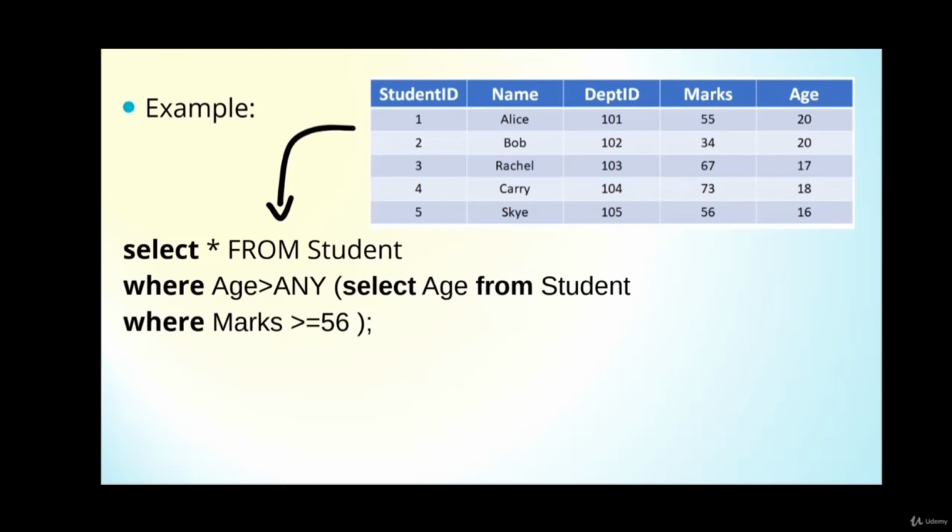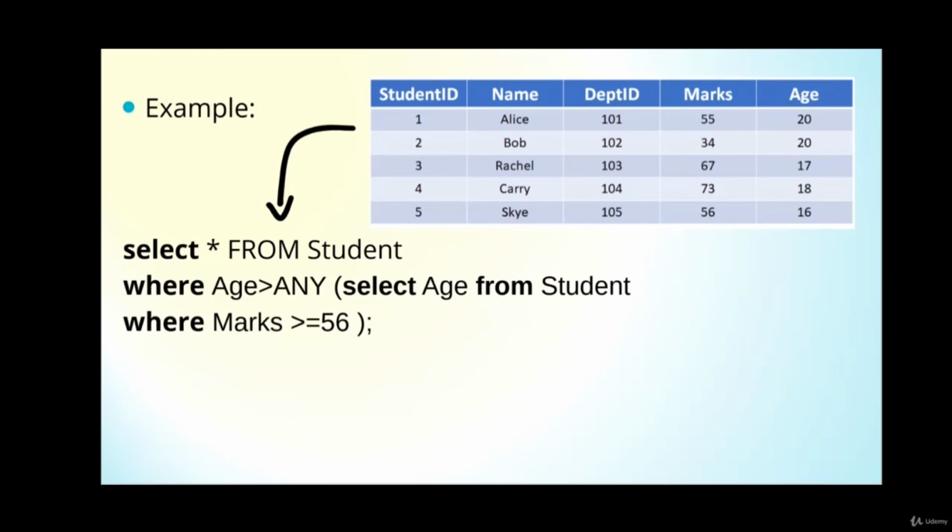So we'll run an inner query for that: select age from students where marks is greater than or equal to 56. What will be the output table? The last three rows of Rachel, Carrie and Sky, as they have marks greater than or equal to 56.